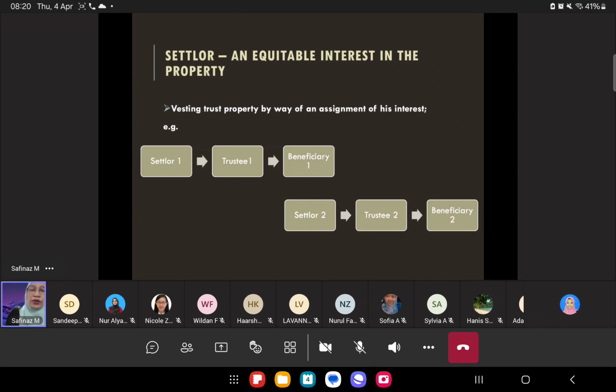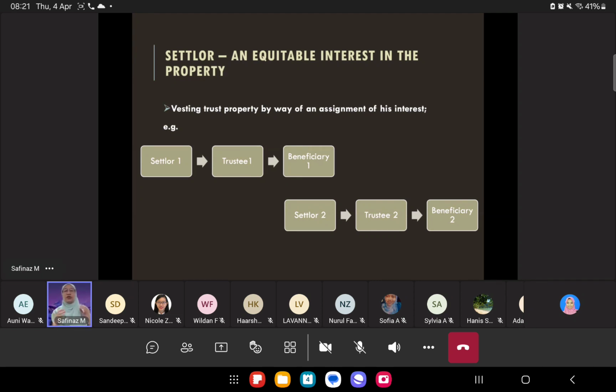So how do you make sure that the trust is completely constituted? Is you vest the property, the trust property, by way of an assignment of your interest. Okay, last semester you ada belajar assignment kan? Equitable assignment, legal assignment, perbezaan equitable assignment dan legal assignment semua tu kan?